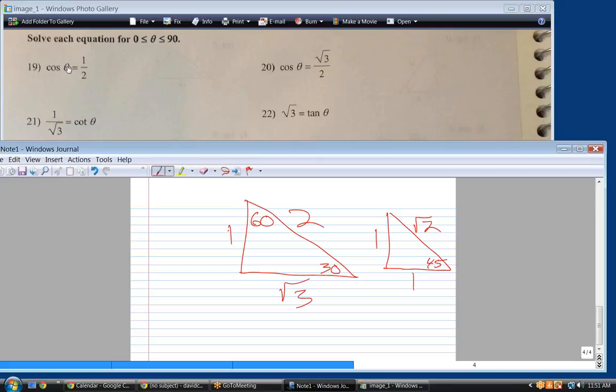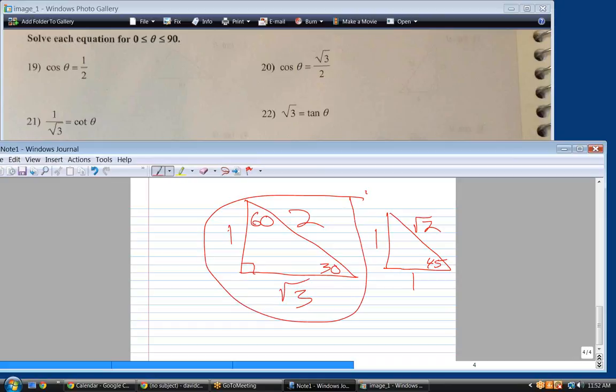So, cosine of theta equals 1/2. Which angle, the 60 or the 30, has a cosine equal to 1/2? Just looking at this picture of the triangle that I just drew. Remember, cosine is adjacent over hypotenuse. So which angle has adjacent over hypotenuse equal to 1/2? Is it 90?